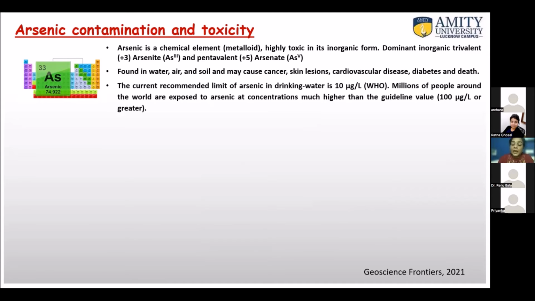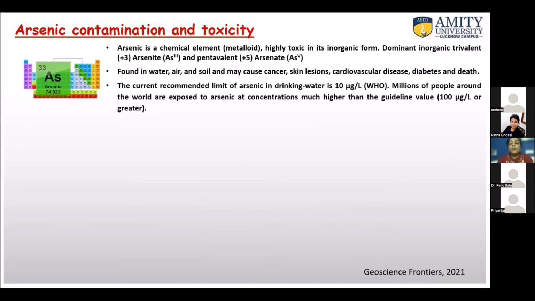They can cause cancer, skin lesions, different cardiovascular diseases, diabetes, death. The limit of arsenic in drinking water is only 10 microgram per liter according to the WHO guidelines. Okay, World Health Organization guidelines, we can only permit this limit.